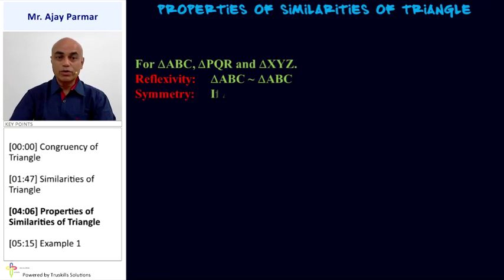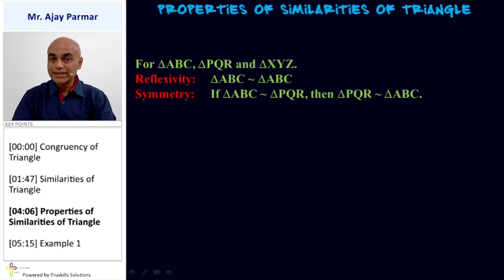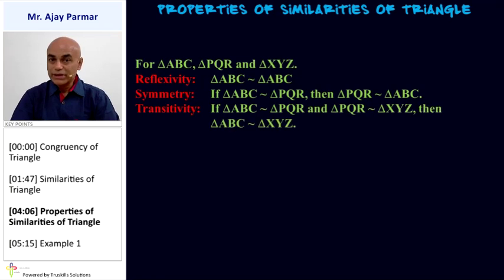The second one is obviously symmetry, that is if triangle ABC ~ triangle PQR, then vice versa, triangle PQR will also be similar to triangle ABC. Transitivity: if triangle ABC ~ triangle PQR, and triangle PQR ~ triangle XYZ, then triangle ABC should be similar to triangle XYZ.